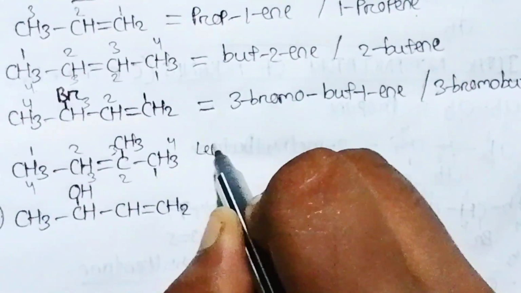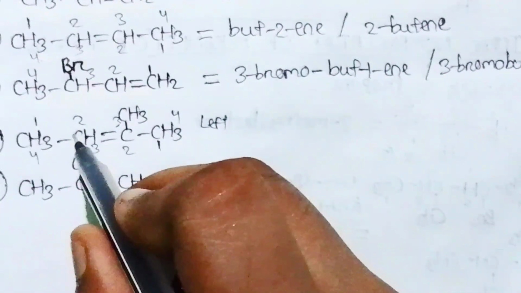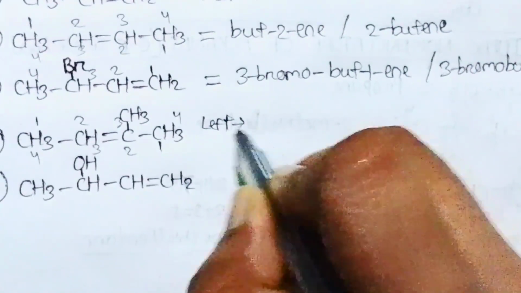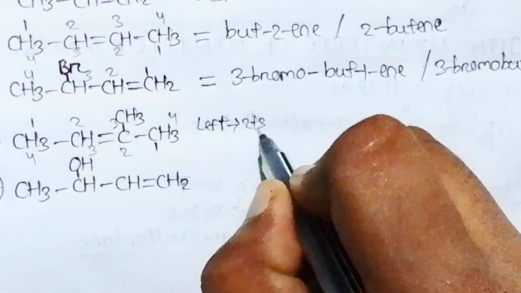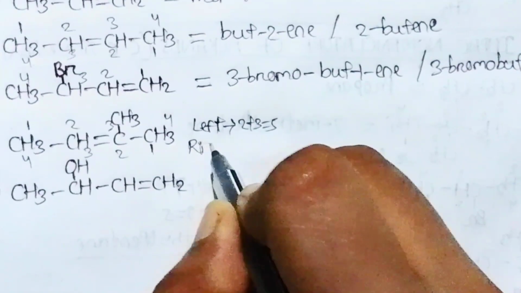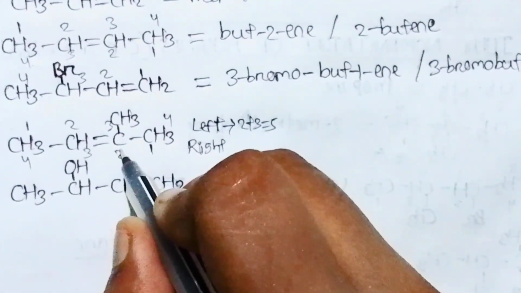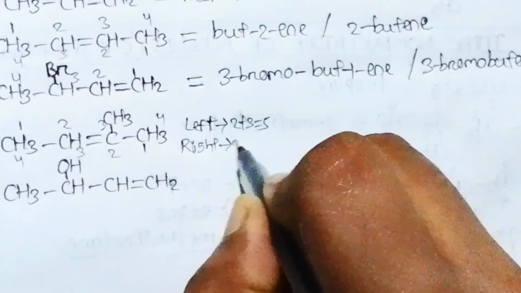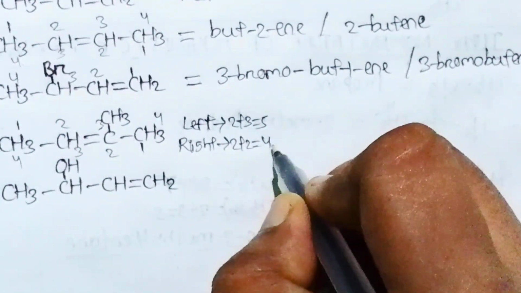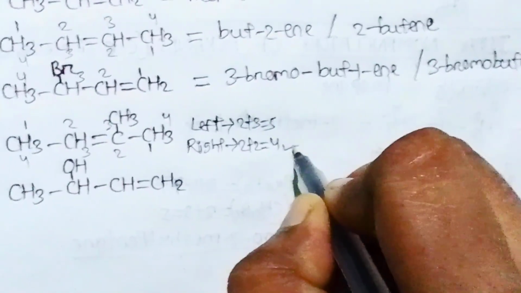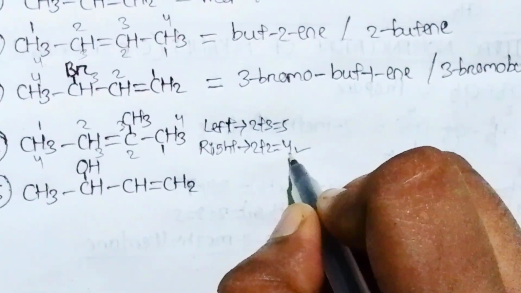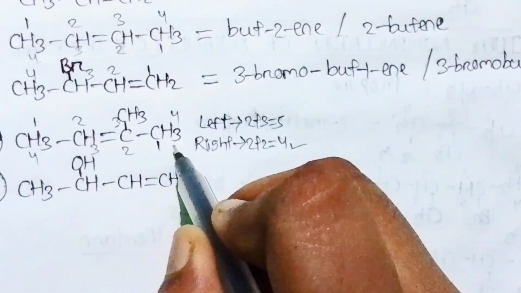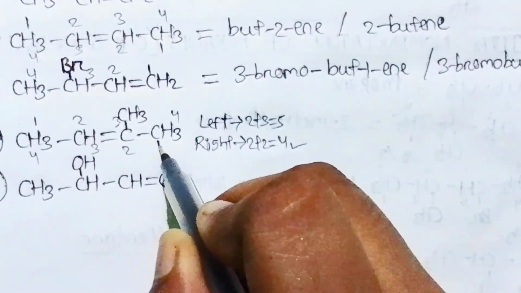From the left side we add their positions, so 2 plus 3 is 5, and from the right side it also occupies the 2 positions, so 2 plus 2 is equal to 4. So between 5 and 4, 4 is the lowest sum, so we'll take this, so we'll number it from the right side as 1 2 3 4.